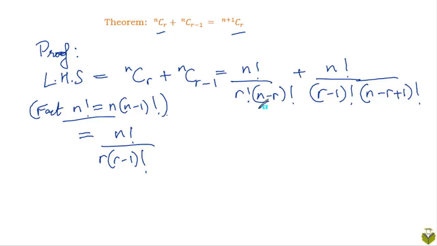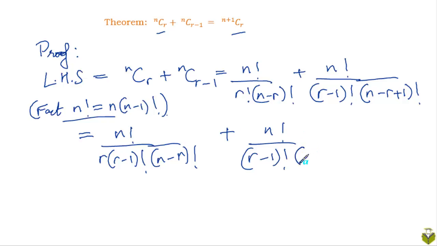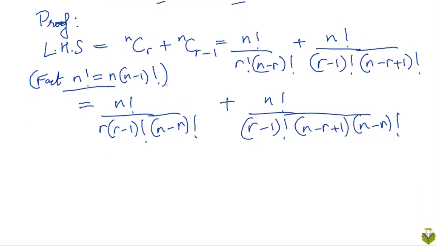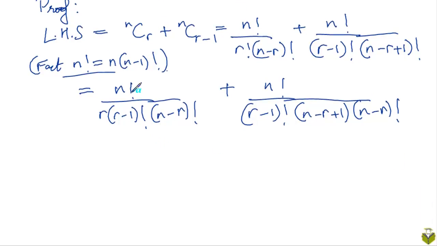And then for n minus r factorial, I'll just keep it like this. But for the second expression, I can express n minus r plus 1 factorial in terms of n minus r factorial, using the same idea: n minus r plus 1 into n minus r factorial. Okay, so what is the common factor in the numerator and denominator?